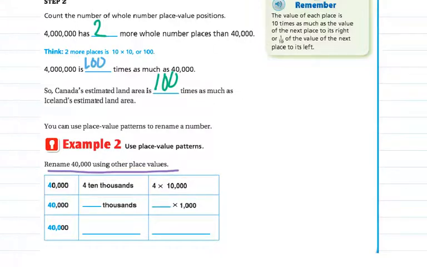So the value of the 4 there is 4 10,000s, or 4 times 10,000, because that's the place value of the 4. Next, we're going to examine the 40.